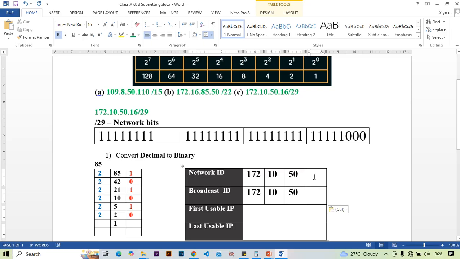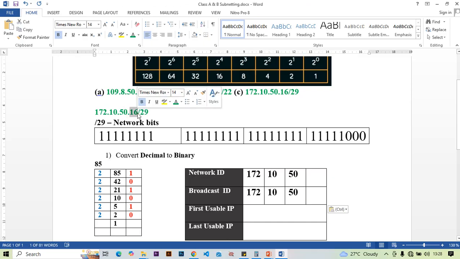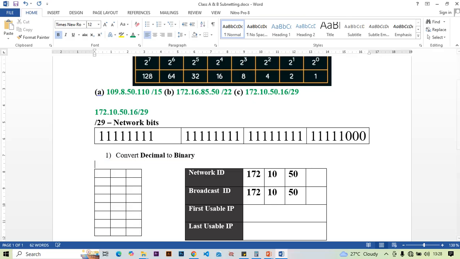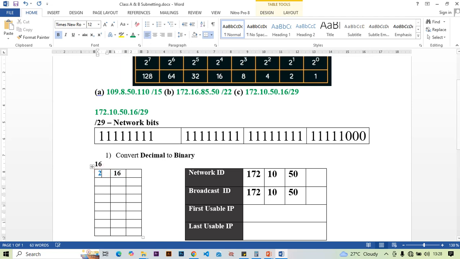Then how do we find the value that's going to be here? It means we shall get this 16 here and convert it into binary. So we have all this removed from here so that we can have a clean one. So we're converting 16 right here. 16 into binary by 2, you have 8.